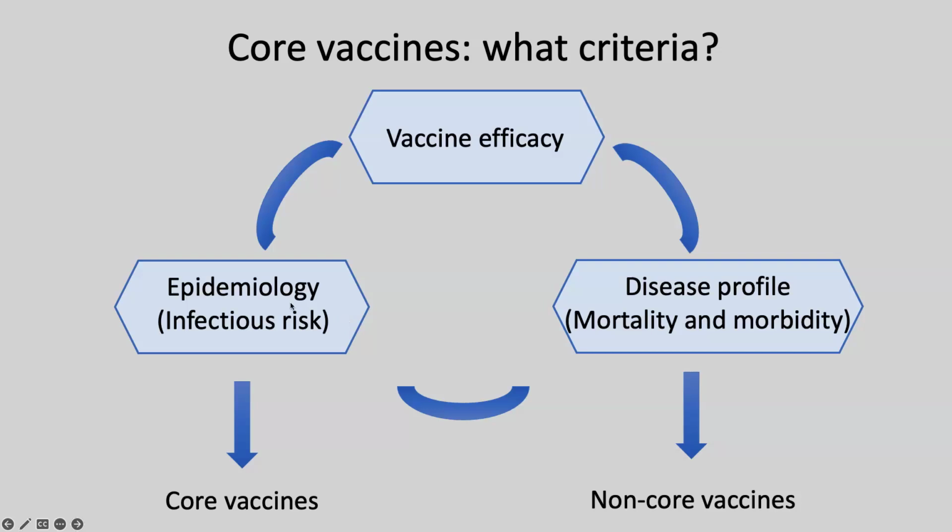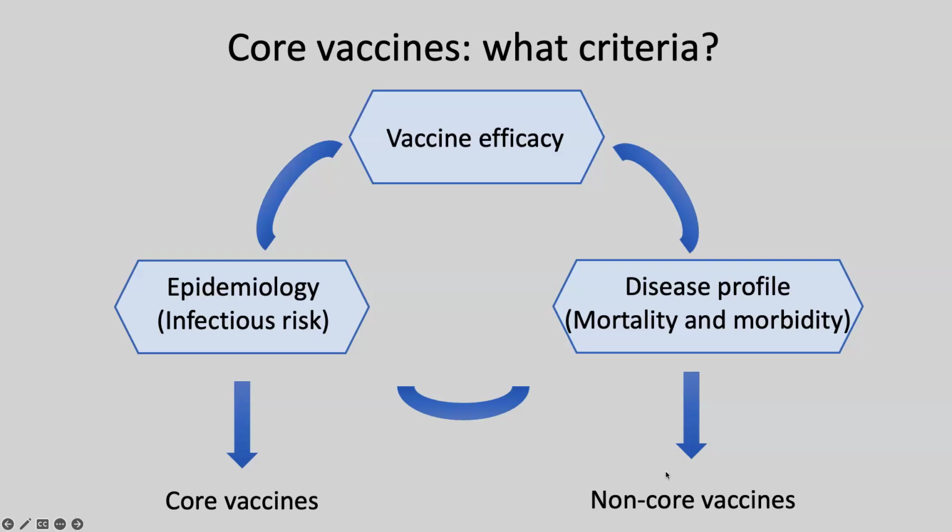The second point is, of course, the epidemiology and the degree of infectious risk for the different animals. And of course, because we talk about vaccines, we need to think about vaccine efficacy. Combining those three criteria, we have the core vaccines and the non-core vaccines.